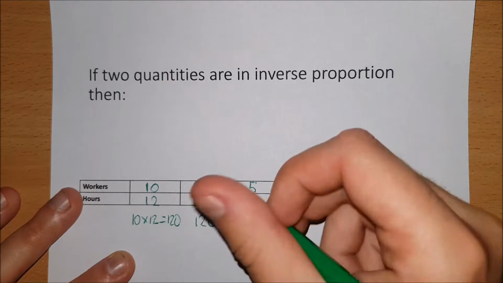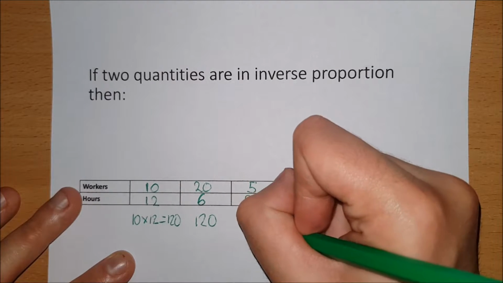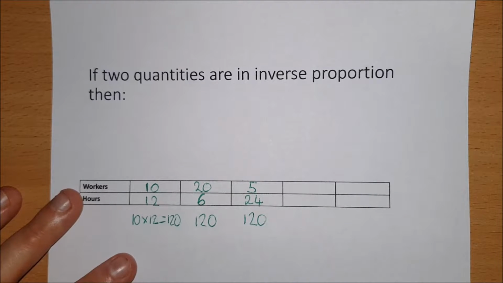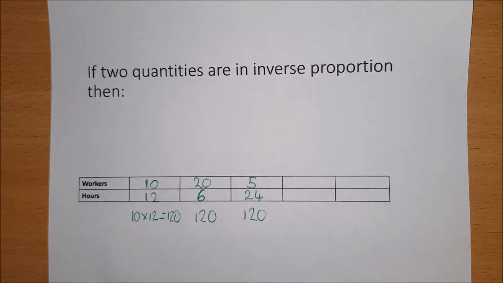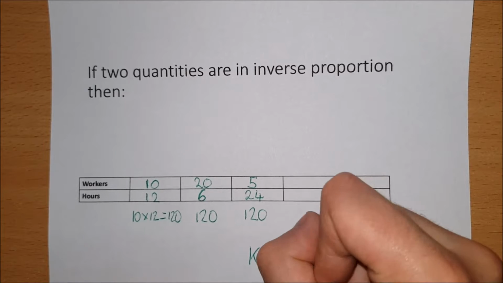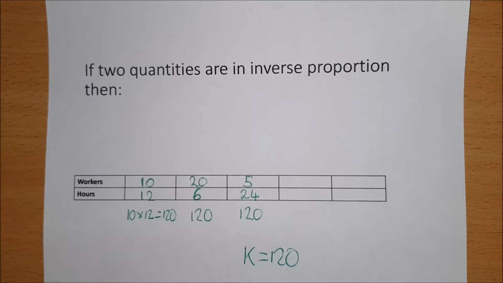And 5 times 24 is 120. So that is our constant. Whatever the two numbers are, when you times them together, they have to make 120. So for this situation, the value of k, our constant of proportionality, equals 120.